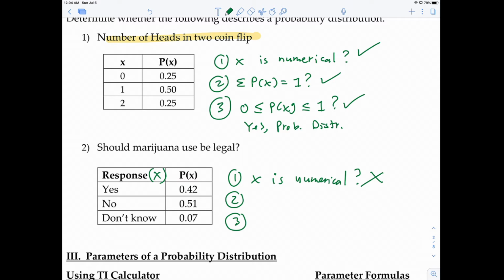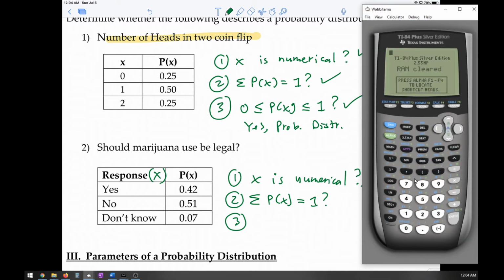The second requirement says the sum of the p of x's, the sum of the probabilities, is equal to 1. Let me pull out my calculator to add it: 0.42 plus 0.51 plus 0.07. Let's see if that is equal to 1. Yes, it is, so that second one checks off.